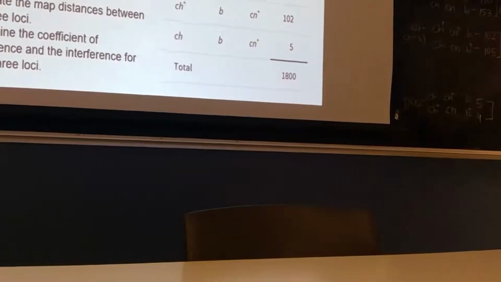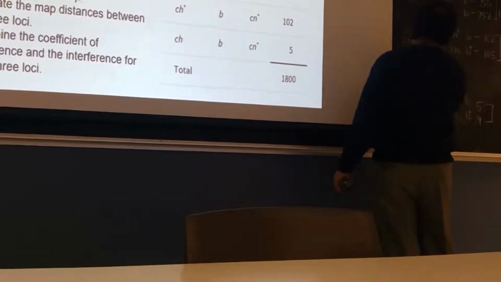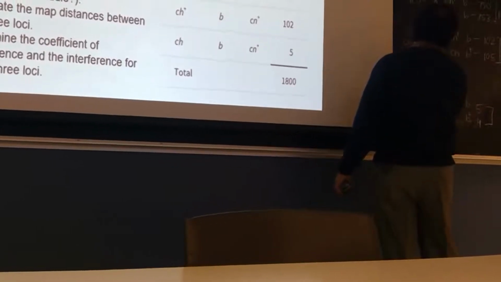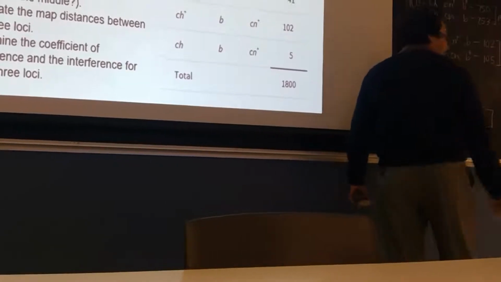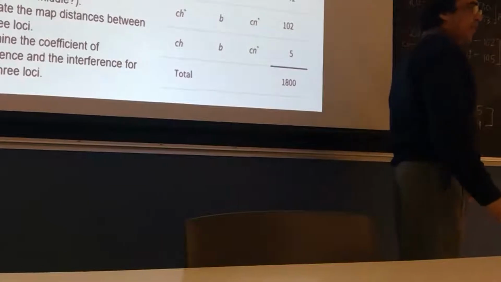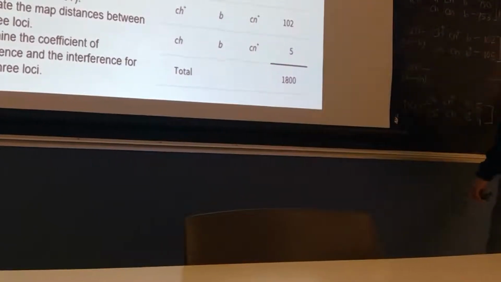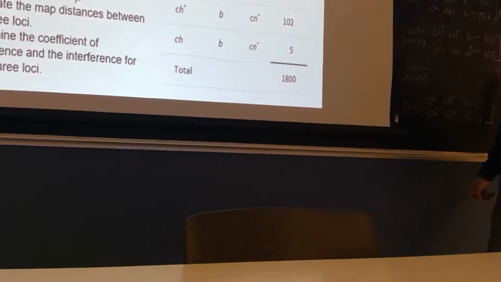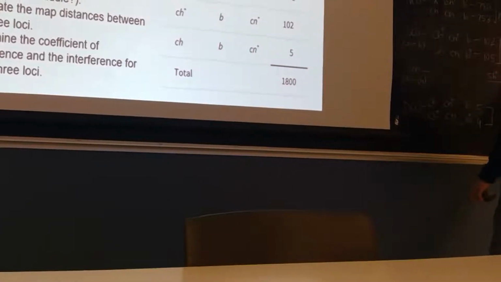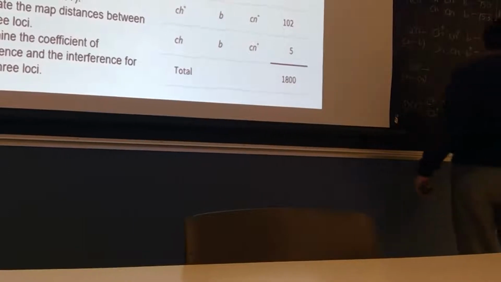Okay. Now single crossover between CH and Cn. Cn is the middle. Single crossover between CH and Cn. What will be the result? I am bringing this way. So CH plus, Cn plus, and P plus, CH, Cn, and P, crossover between these two.